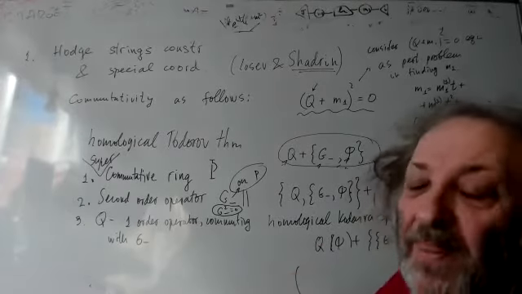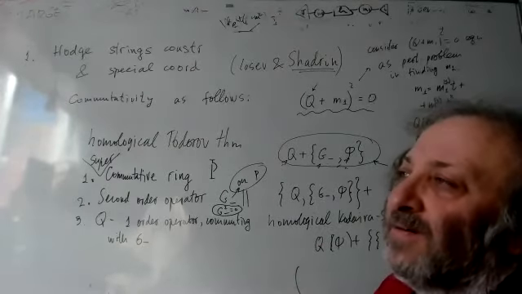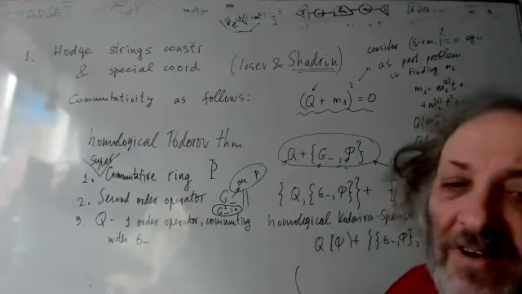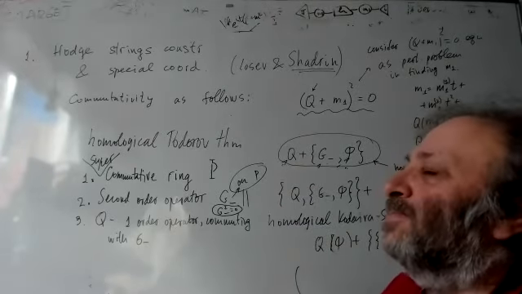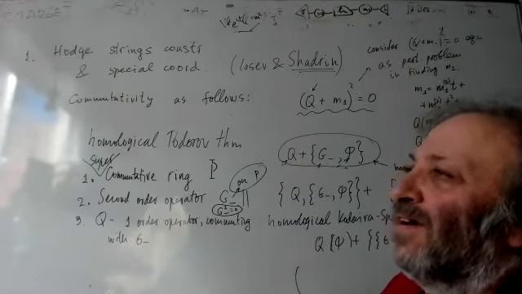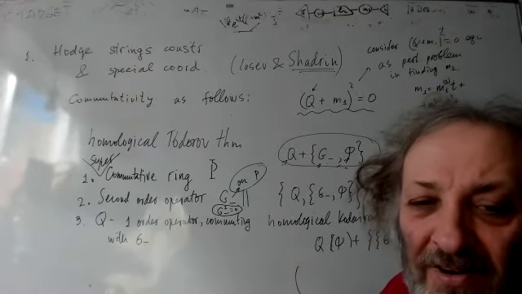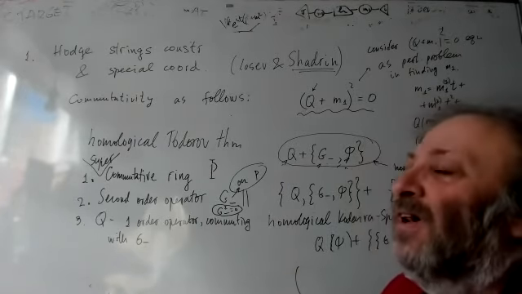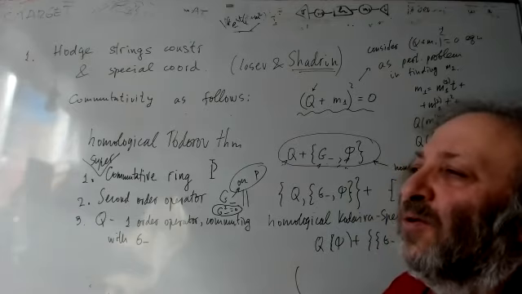You will see that what I will give from homological algebra would be the level 1 understanding of special coordinates. It will be homological, but it will be level 1.